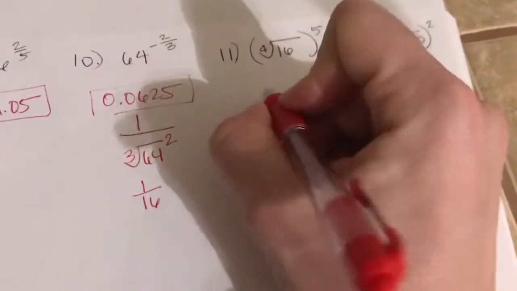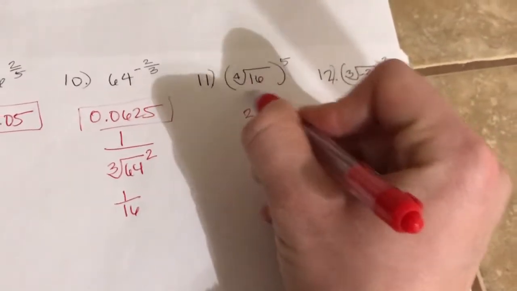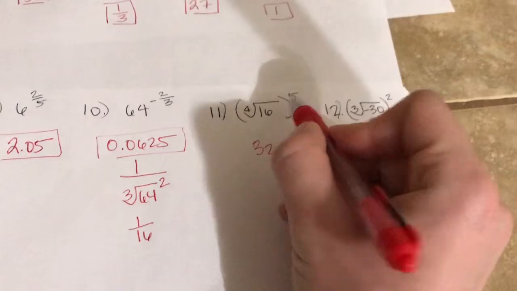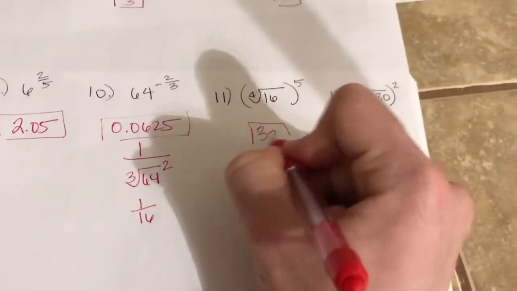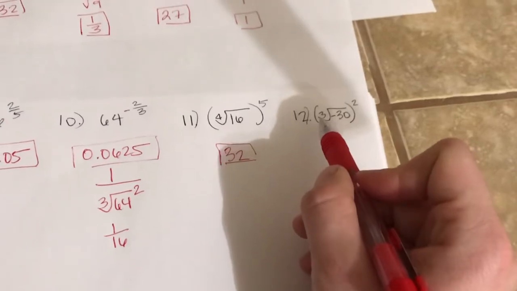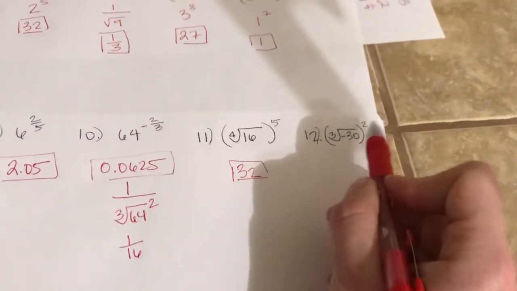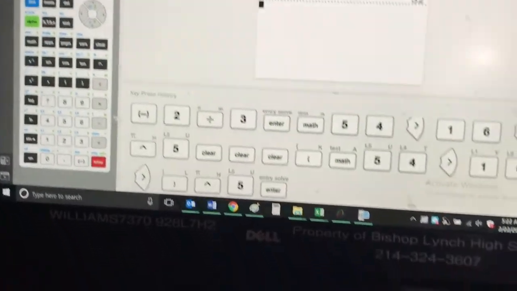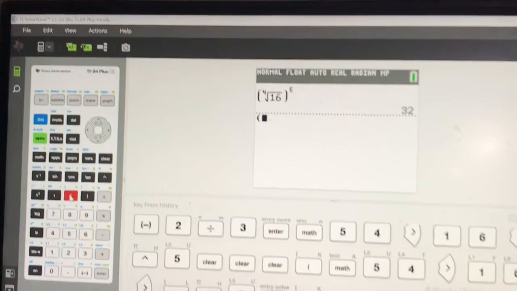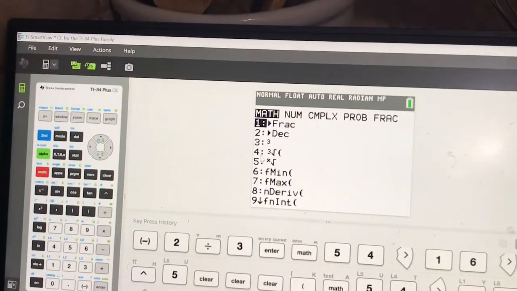32. So this is also one that we could have done without a calculator, because the 4th root of 16 is 2. 2 to the 5th is 32. Okay, number 12, the cube root of negative 30, and then this is in parentheses, squared. Okay, so this time, now cube root has its own special button, so that's math 4.